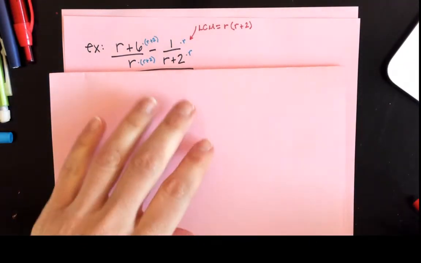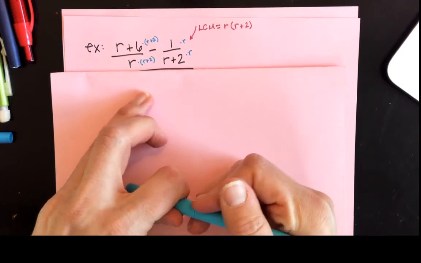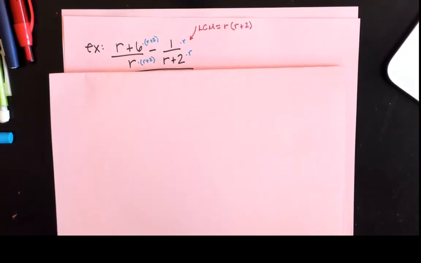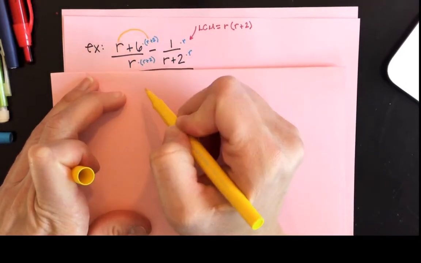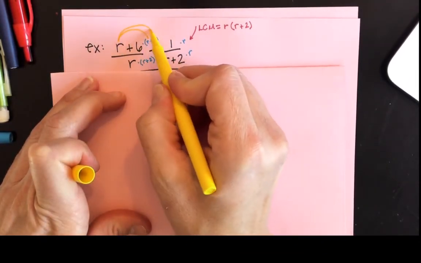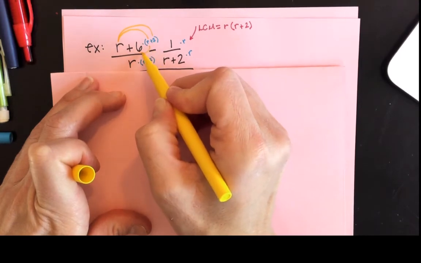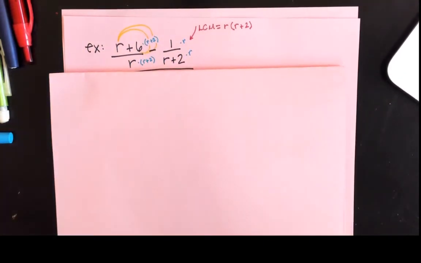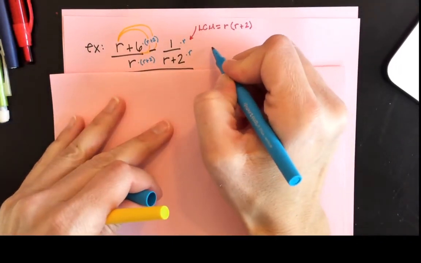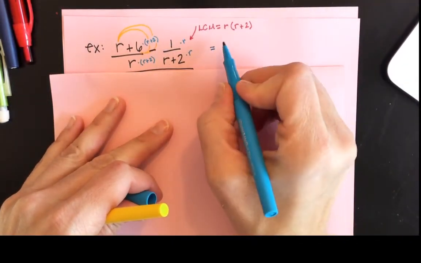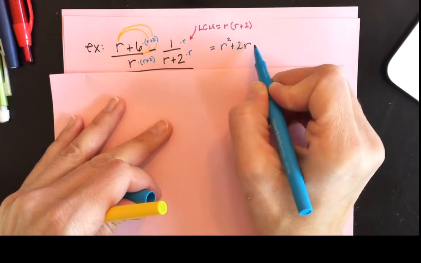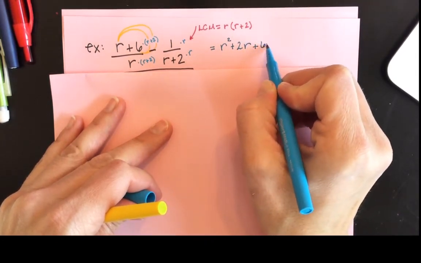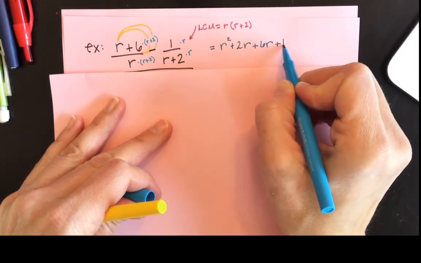So the top is then going to turn into, after I FOIL this one, r times r, and then r times 2, 6 times r, and then 6 times 2. So we end up with r squared plus 2r plus 6r plus 12.